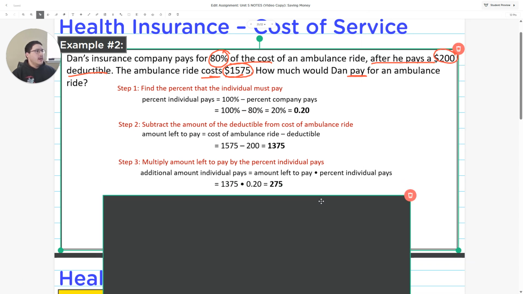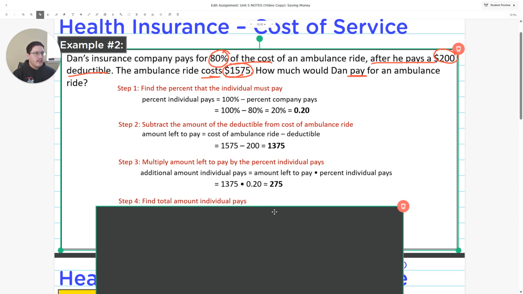Now, what is the total amount? Because this is $275 that he has to pay for the ambulance, but we want to know what Dan had to pay in total, because there was a $200 deductible that he essentially had to pay before we calculated the ambulance ride. So what do we do?